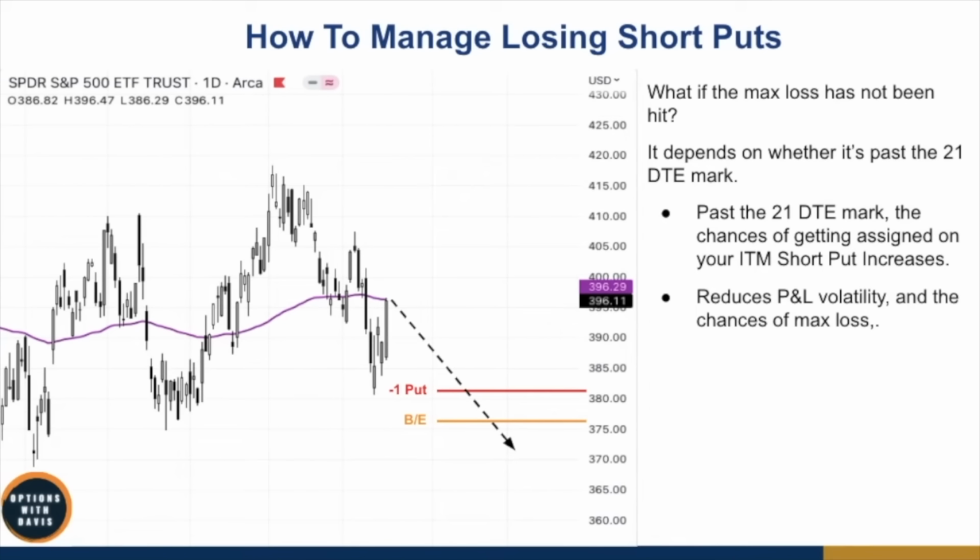Now, the next reason why we want to manage once it's past the 21 days to expiration mark is that it reduces your P&L volatility and the chances of the max loss. Most of the biggest losses tend to happen when the option is near the expiration date, because gamma will start to really pick up.